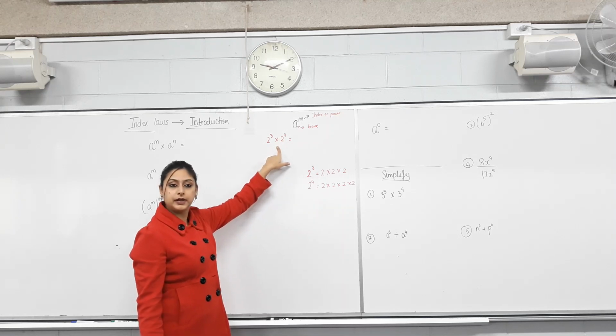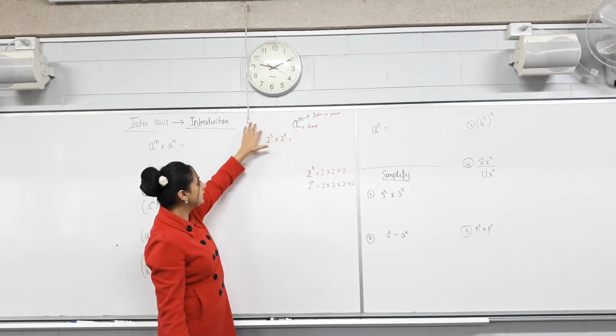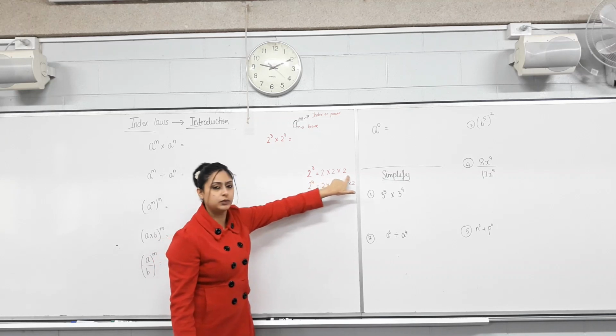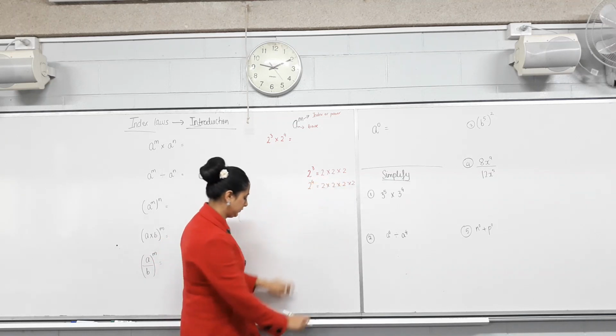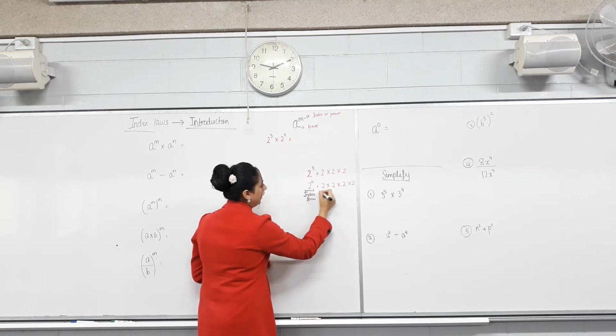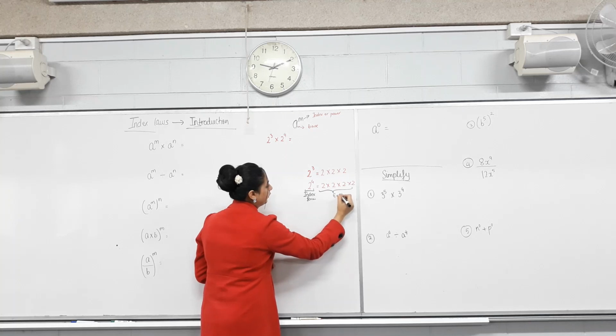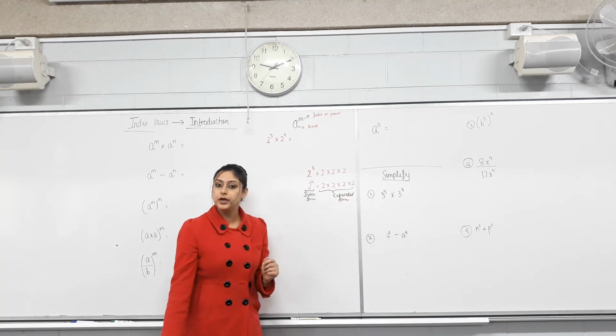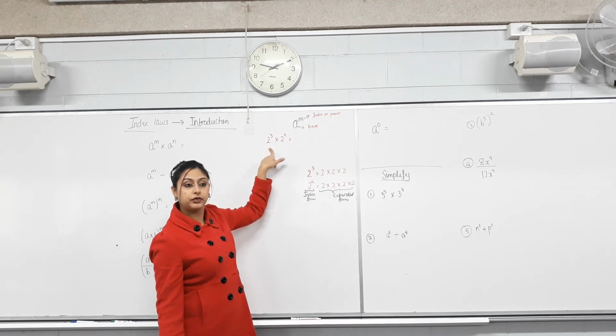Okay, now, what happens when we have the same base, but the powers are different and the numbers are being multiplied? So I'm going to write, this is the index form, and this is the, what do we call this? Expanded form. So 2 to the power of 4 is the index form, and this is the expanded form. Now, I'm going to write 2 to the power of 3 in expanded form.